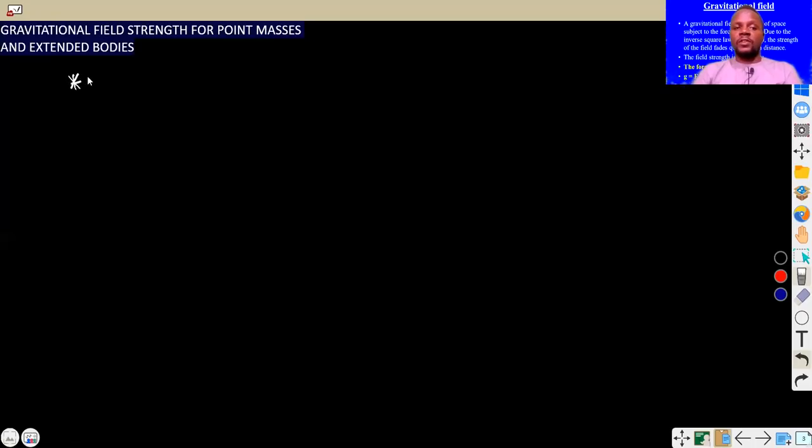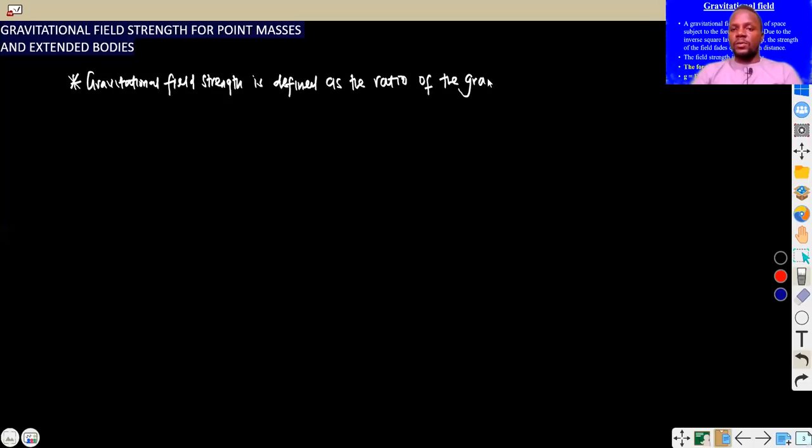To define it, we can write that gravitational field strength is defined as the ratio of the gravitational force per unit mass.